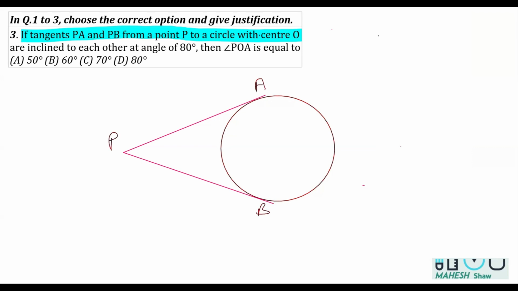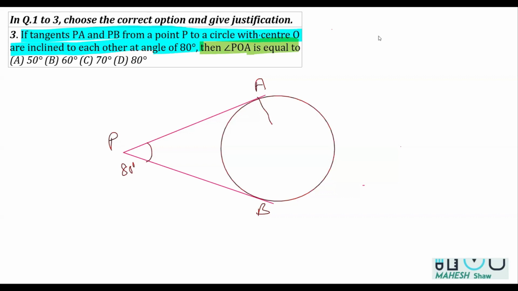Now, as we read it further, it says that these tangents are inclined at an angle of 80 degrees. So this angle is given as 80 degrees. And what we have to determine is angle POA, right? That means we need its center.